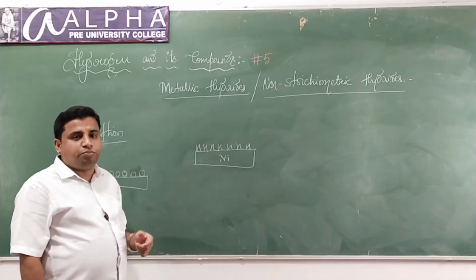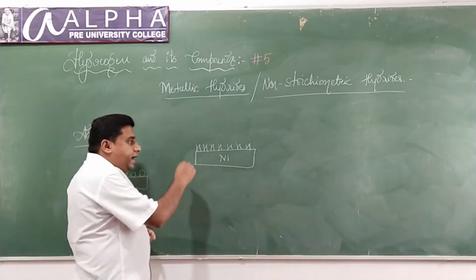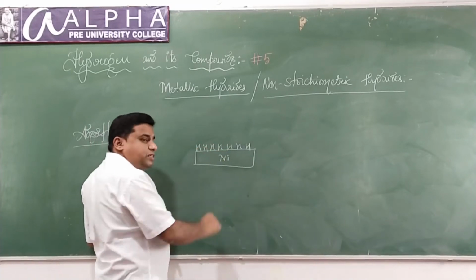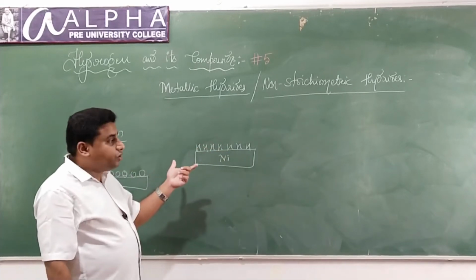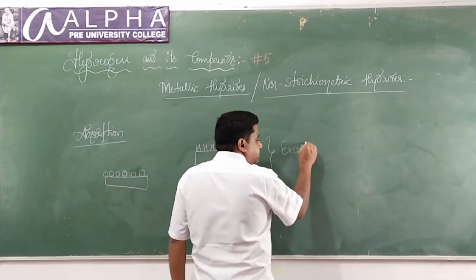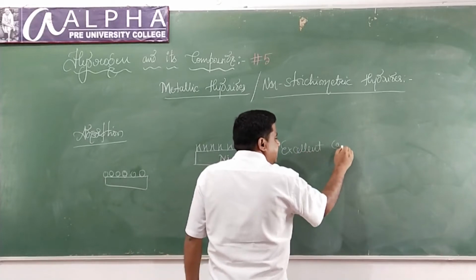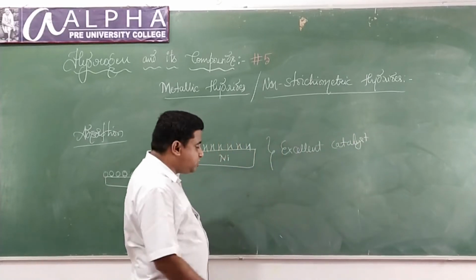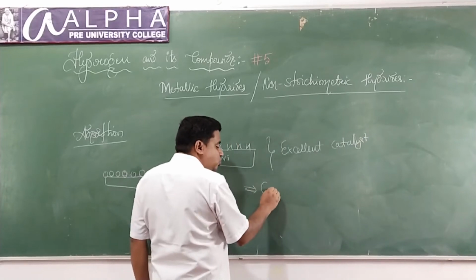That is called adsorption. Here also, the atoms of hydrogen gas get accumulated on the surface of nickel. This acts as an excellent catalyst, and that type of catalysis is called catalytic hydrogenation.